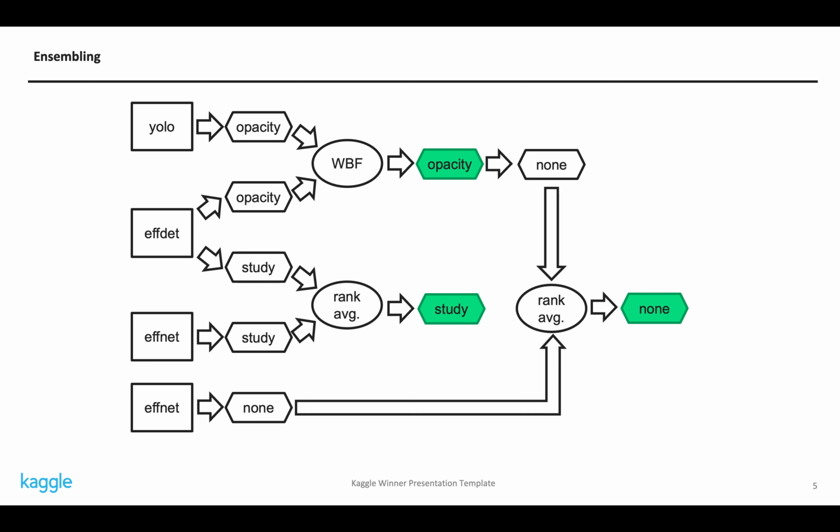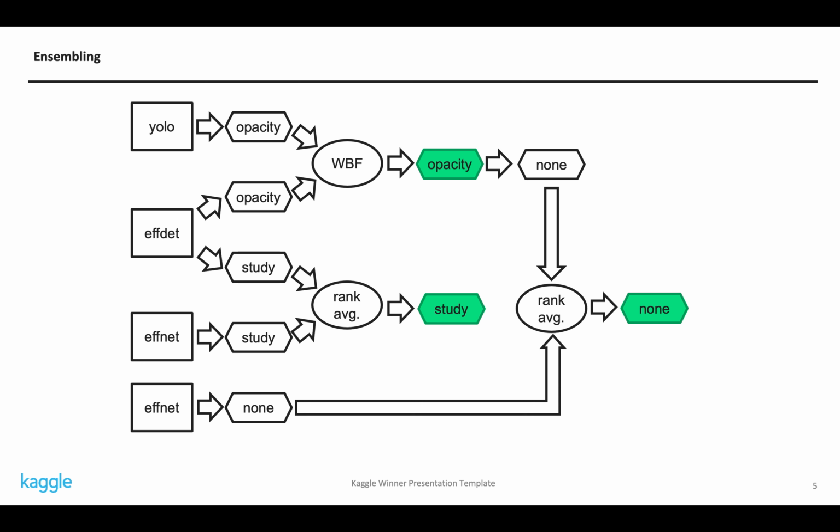All the expert model predictions and the original EfficientDet model prediction will be assembled or blended to generate the final solution. On the left side, you can see that we have YOLO models that generate opacity, and we have EfficientDet, which can generate opacity and also study level labels.